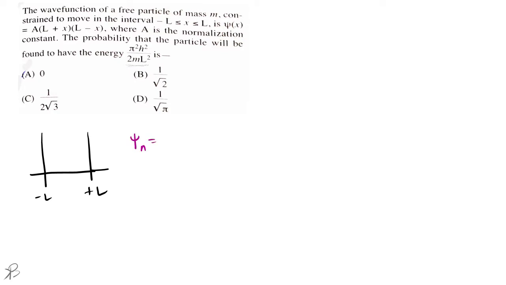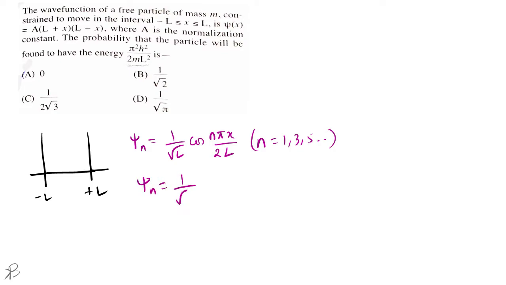So psi n is 1 by root L cos n pi x by 2L, because the length is 2L, where n can take 1, 3, 5 and so on. And psi n can also be 1 by root L sine n pi x by 2L, and here n can take values like 2, 4, 6 and so on.